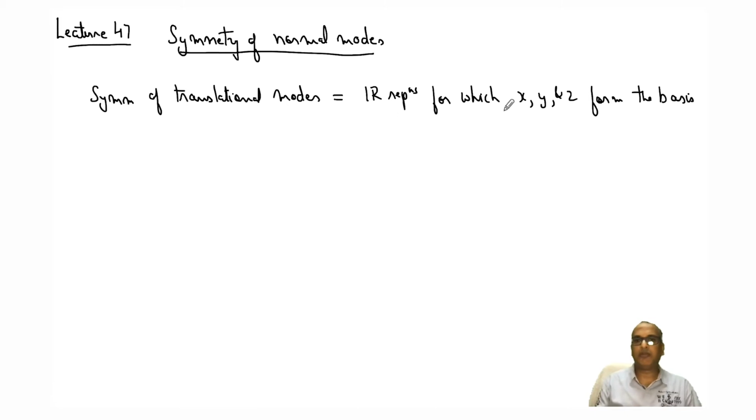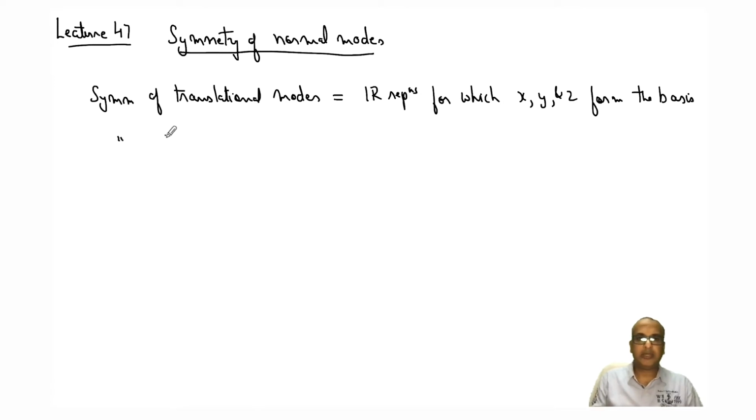This information can be easily obtained from the character table, that is, which unit vectors are forming the basis for which IR representation, and that will be the symmetry of the translational mode, because translational modes go with motion in X, Y, and Z direction, right?